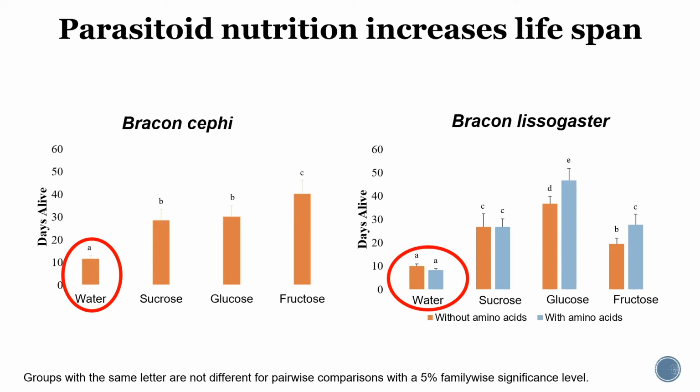When we compare water to the other diets, it's noticeable that diets containing sugar are increasing these parasitoids' lifespan. By increasing their lifespan, they are going to be able to parasitize and kill more wheat stem sawfly. These results show us the importance of having food resources such as nectar or extrafloral nectar available for these females to feed on under field conditions.